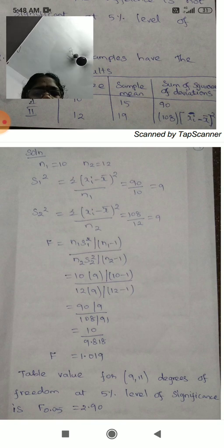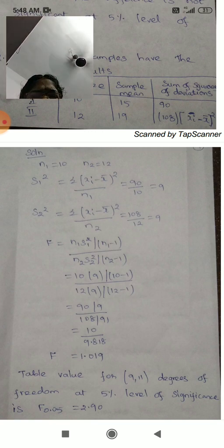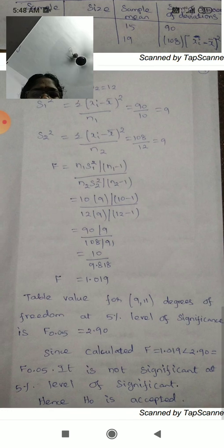Substituting these values, the numerator is 90 divided by 9, divided by 108 by 11. Simplifying this, the F test answer is 1.019.